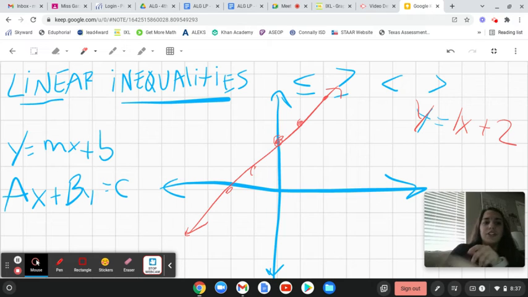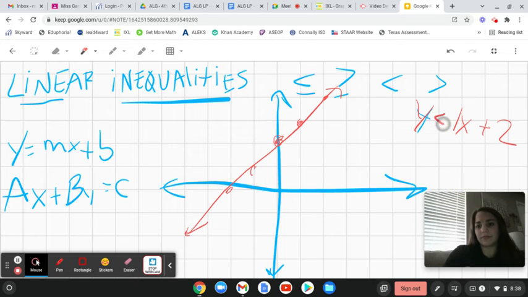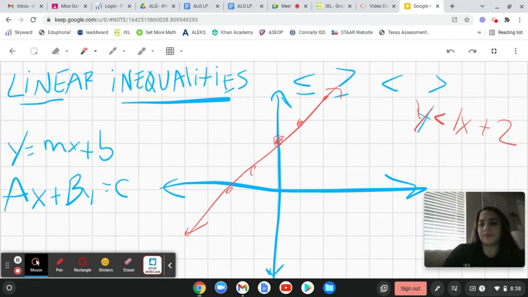However, if we ever changed it to something besides an equal sign and made it an inequality symbol like this one, less than or equal to, I'm going to say just less than.